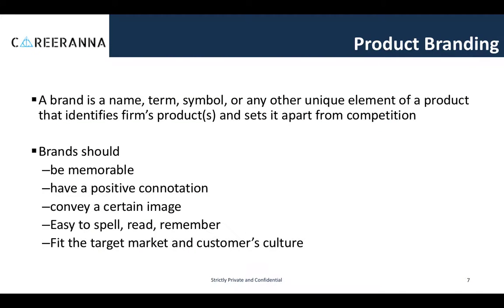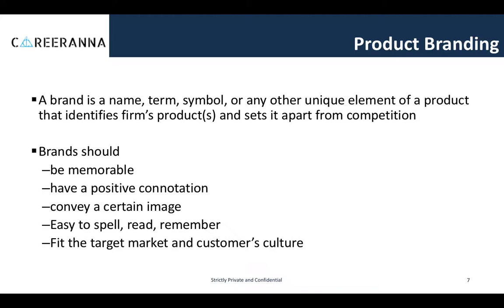Now, we also talked about product branding. Now, there are a few things which we need to keep in mind while taking care of the product branding as a product manager. First of all, remember that a brand is nothing but a name, term, or say any kind of a symbol which we use to uniquely identify the element or the whole of the product which I am marketing.